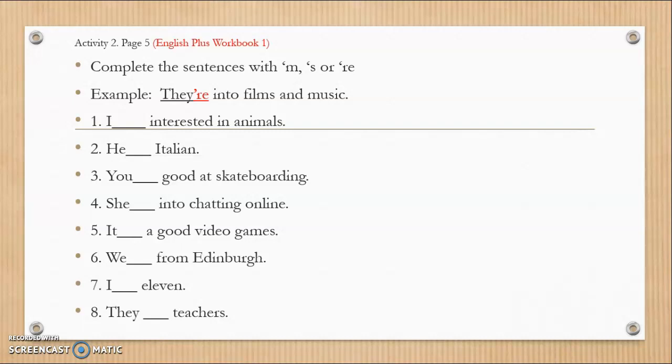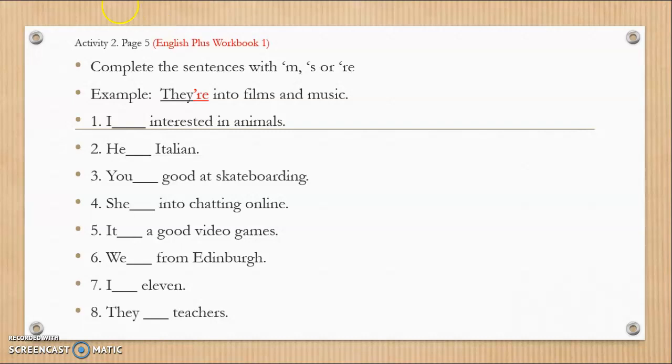As you look at page 5, the same activity is here. We need to complete them. Let's go through.